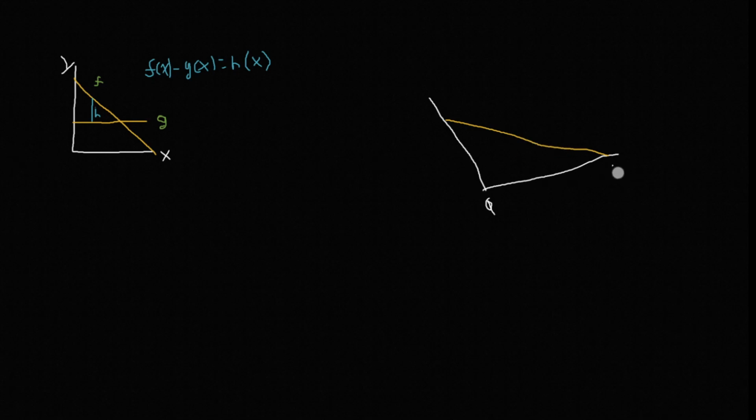I'm going to say B is over here. This is our point B. So let's draw our little line here. And this is some point C, I guess.